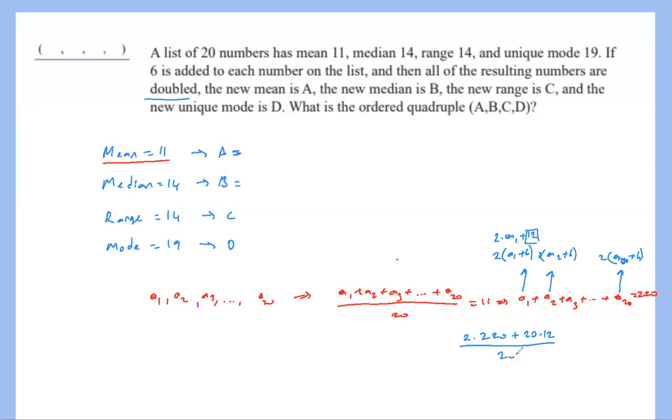And if I divide this sum by 20, I should get what I'm looking for. If I split these, you should get 2 times 220 over 20 plus 20 times 12 over 20. So these will cancel, and then that will be 11. So 22 plus 12, which is just 34.